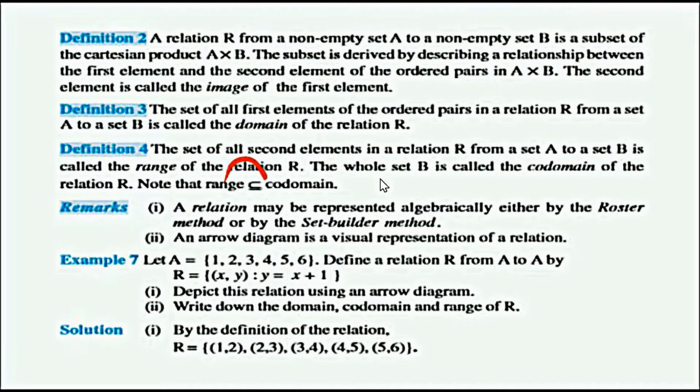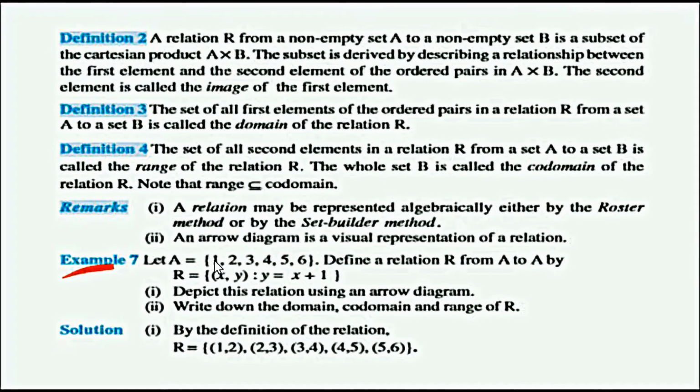So a relation can be represented in either form, as we saw with these sets. It can be represented by the roster method or by the set builder method. And we'll see the visual representation also. First, let me tell you with an example what exactly we mean when we say domain, codomain, range.